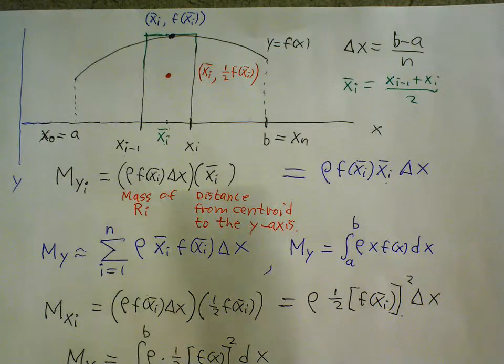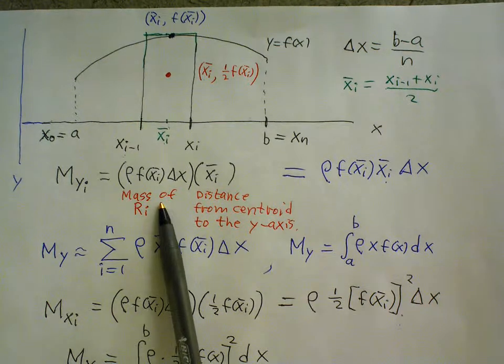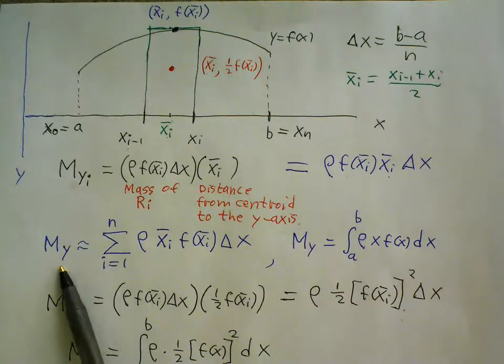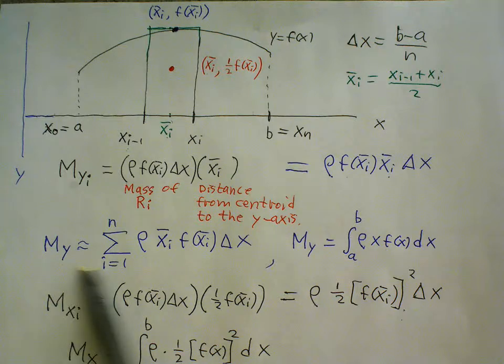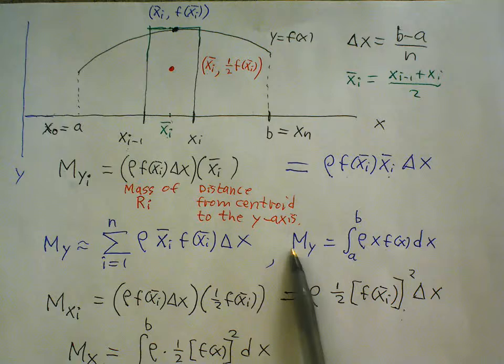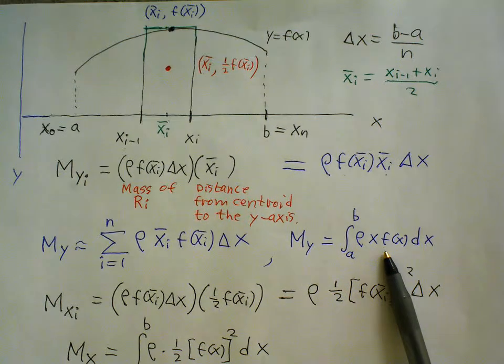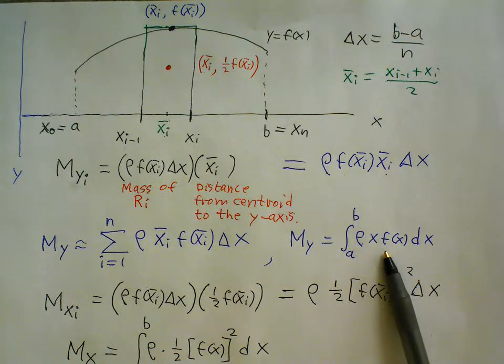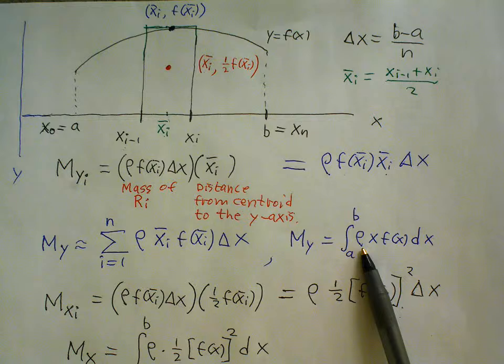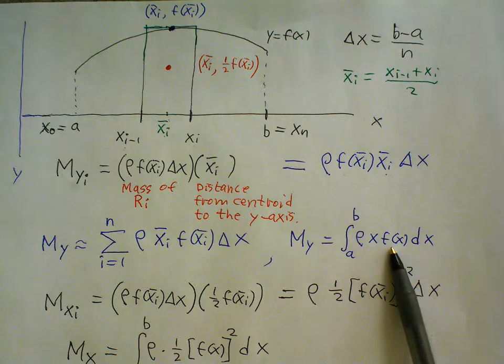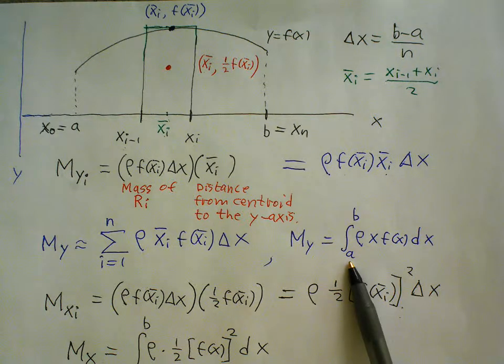And yesterday, we derived this formula for the moment of the region about the y-axis. It's this definite integral. The integrand is rho times x times f of x dx, and the limits are from a to b.